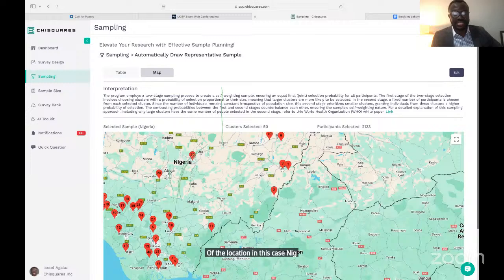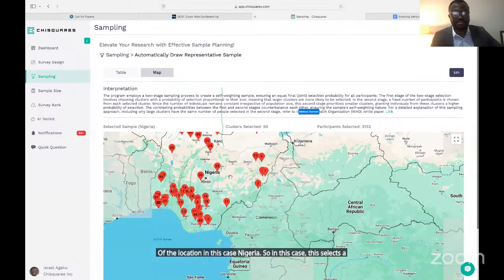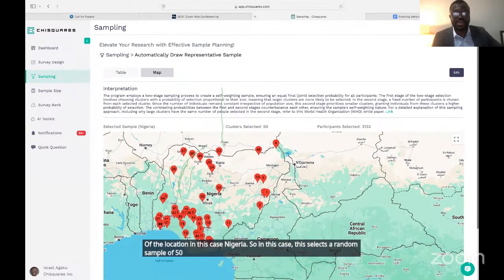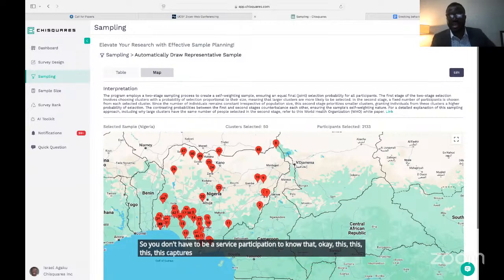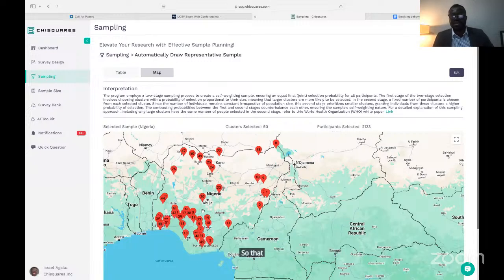So this selects a random sample of 50 clusters in a way that is representative of the whole country. So you don't have to be a survey statistician to know that this captures the geographic diversity of a country and reflects the population diversity of the country as well. So that's how you can draw a representative sample.